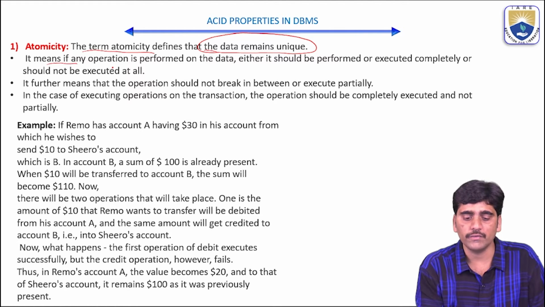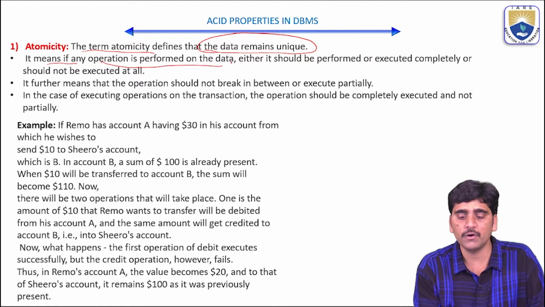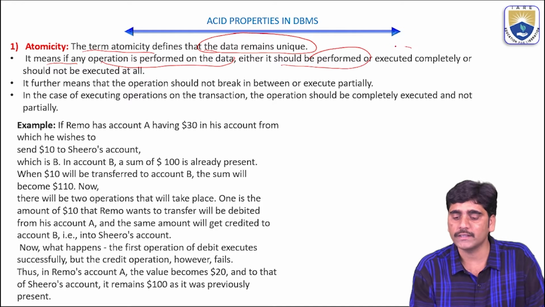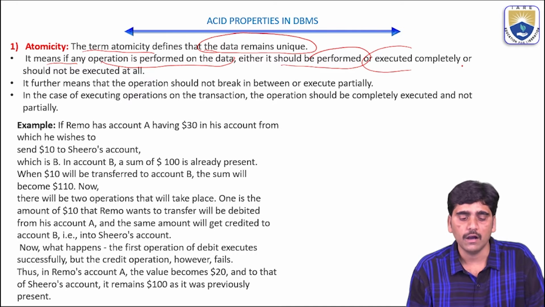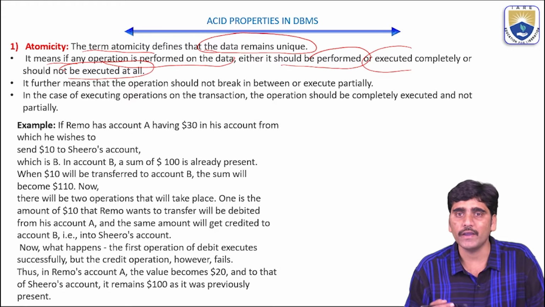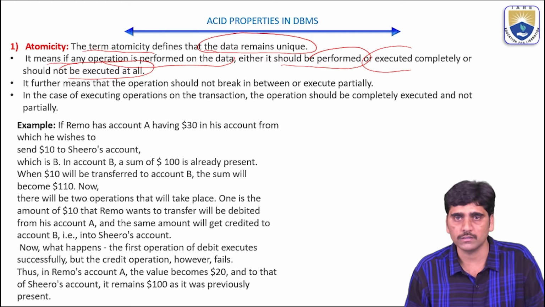So if any operation is performed on the data, either it should be executed completely or it should not be executed at all. That means if any operation is performed on the data, that operation should be completed. Only then will the data not suffer any loss, and the data will remain unique.